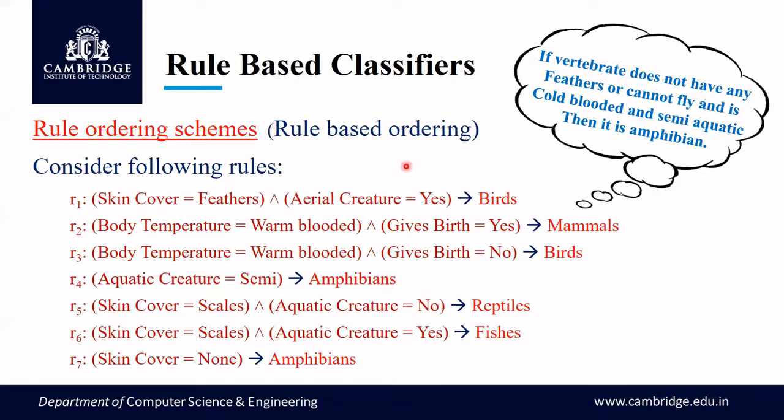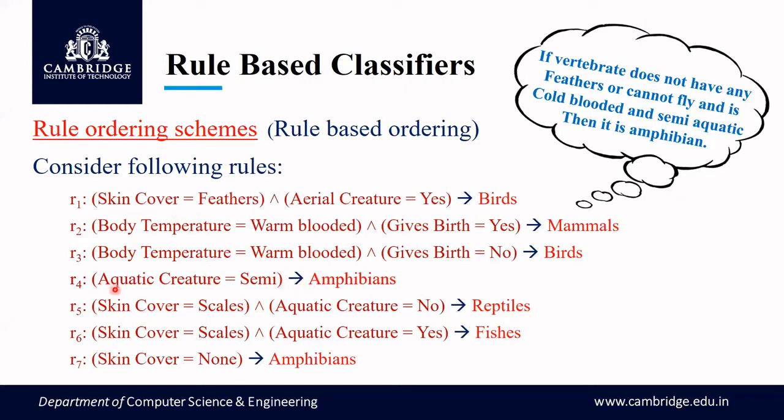But when I'm doing it using rule-based ordering, as we go lower down the series in the rule set, the interpretation will be done in this way. It will consider the negation of the rules above.